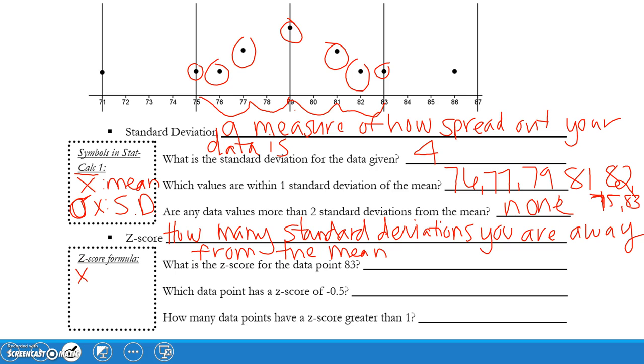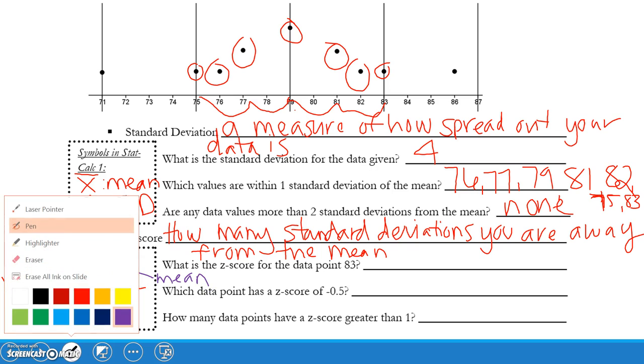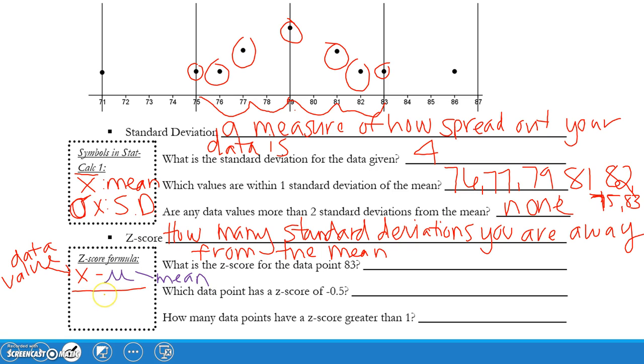So what you do is you take the data value, so whatever the point is, and then you subtract the mean, and this is another symbol for mean. I don't know why they use two of them, but they do, so I have to show you both. And you divide it by the standard deviation.